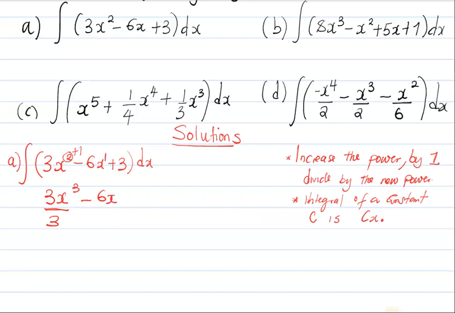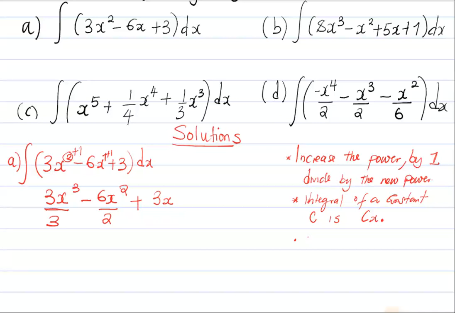Here there's 1, so we're going to add another 1 to give us 2, over 2, plus 3. This falls under where I'm saying the integral of a constant c is just cx. So this one will be 3x. Are we done?